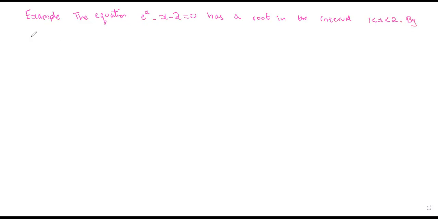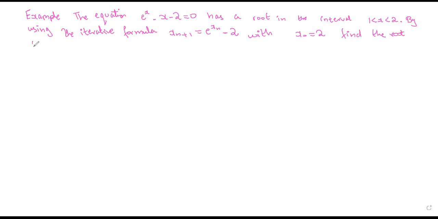By using the iterative formula x n plus 1 equals e to the x n minus 2, with x naught equals 2, find the root to 2 decimal places.